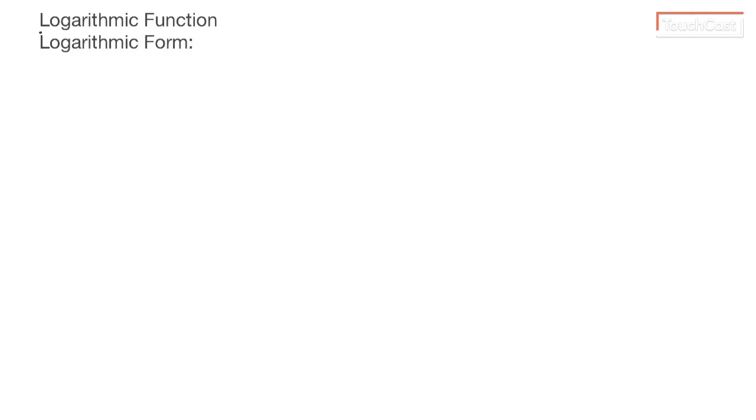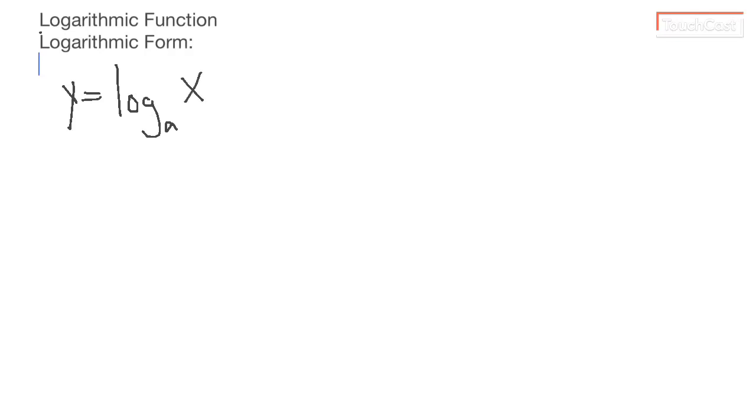Well, logarithmic form, if it is written this way, y equals log base a of x.